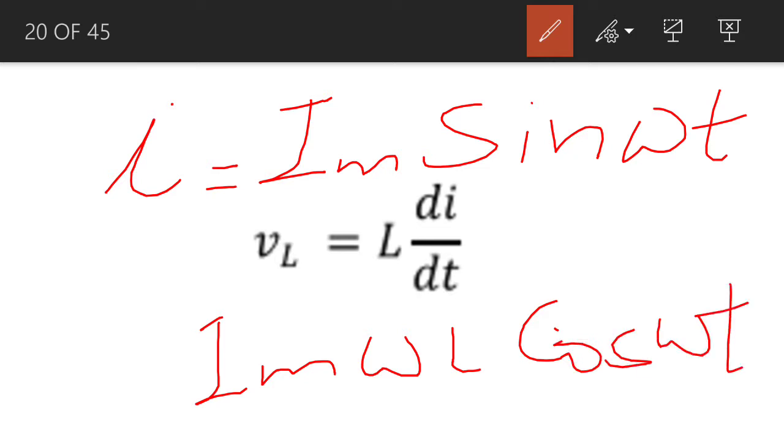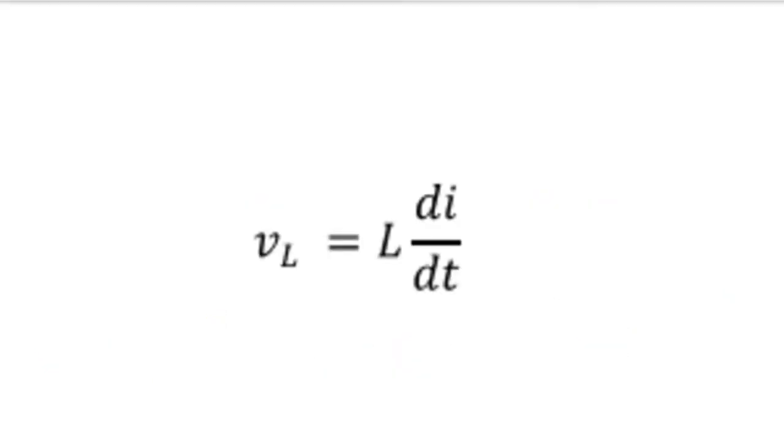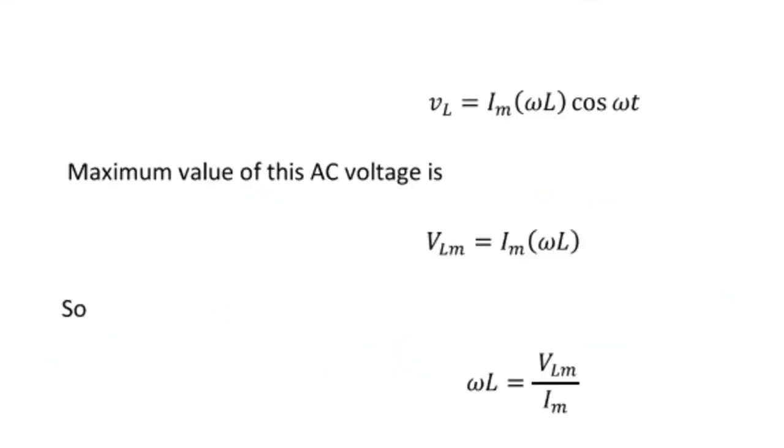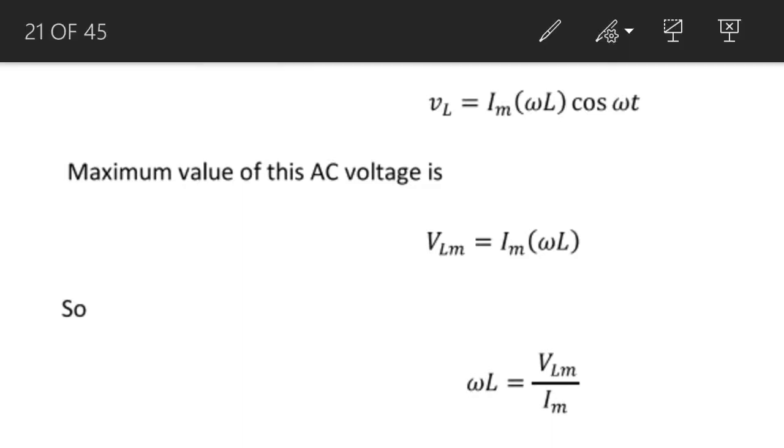So this will be the AC voltage across the inductor. So the AC voltage across the inductor is equal to the maximum value of the AC current into omega L cos of omega t.